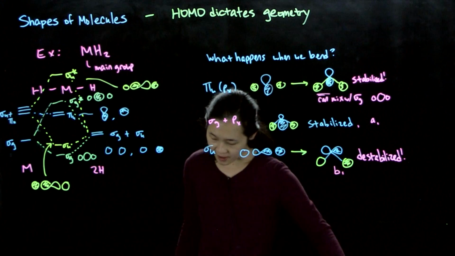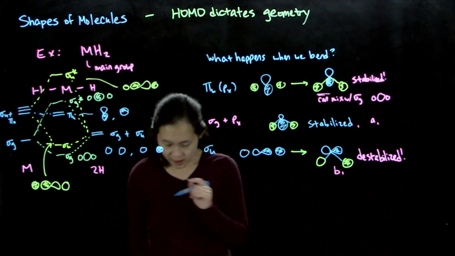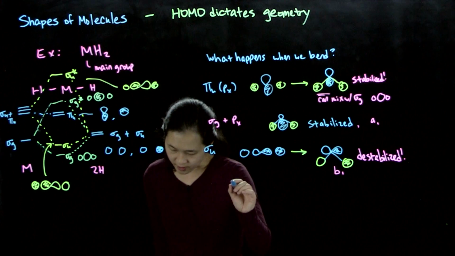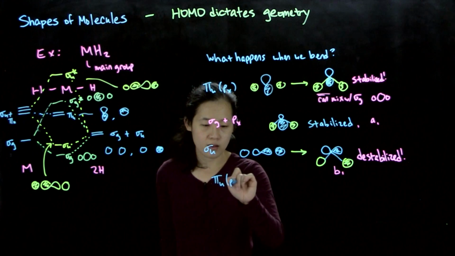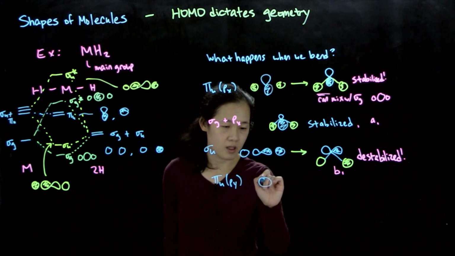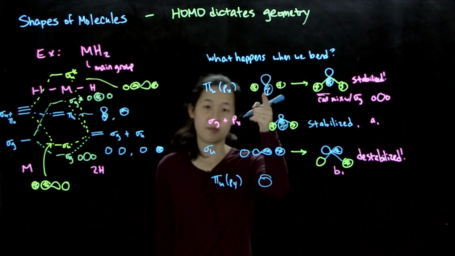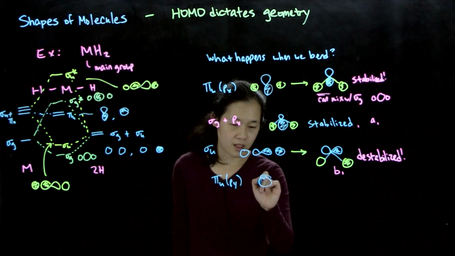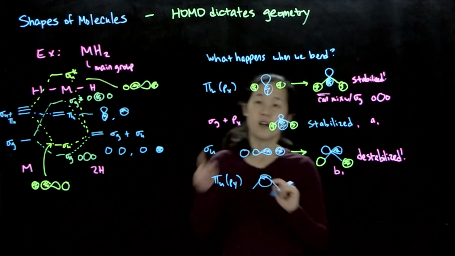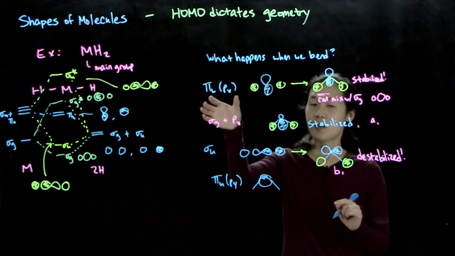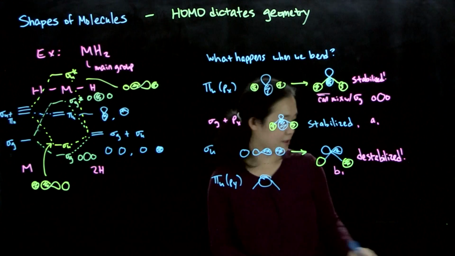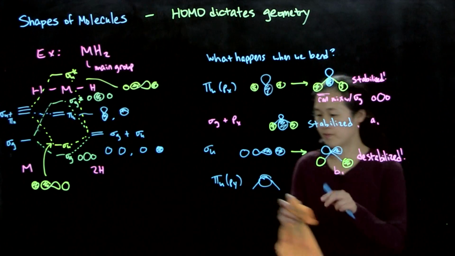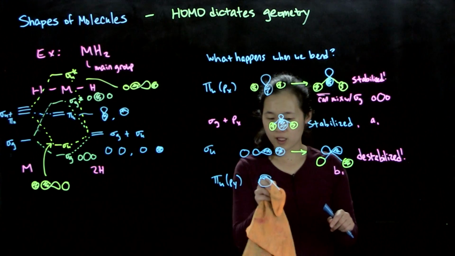OK, so we can do the same thing for our other orbitals as well. So let's say we take our pi u for the py. So this was degenerate with this px pi u. But we saw that for the px pi u orbital, it was stabilized. But this one, sorry, I meant to go from the linear. In the linear one, there was no interaction.